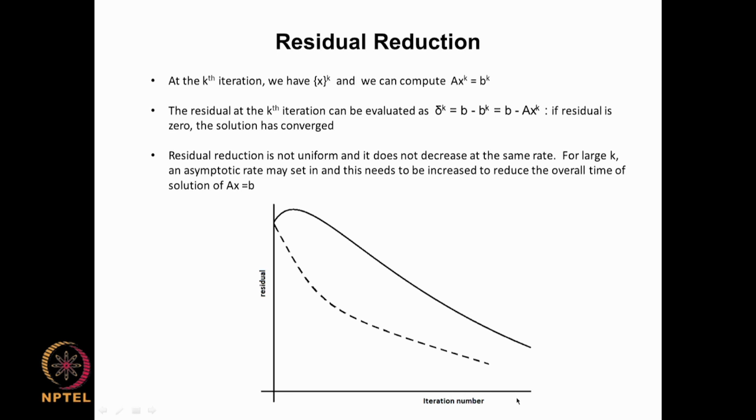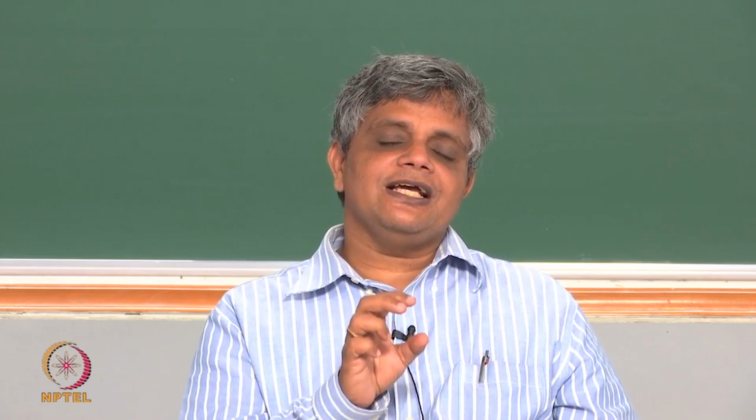That number is estimated to be about 0.466 n, where n is the number of equations, the number of unknowns. So, it is about 0.5 n for every tenfold decrease in the residual.